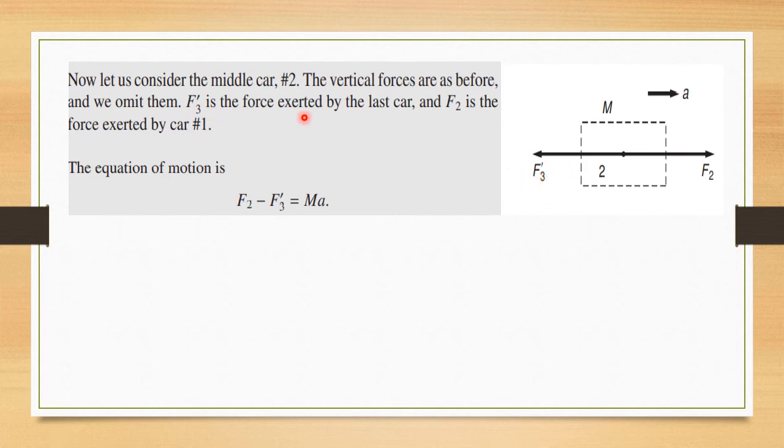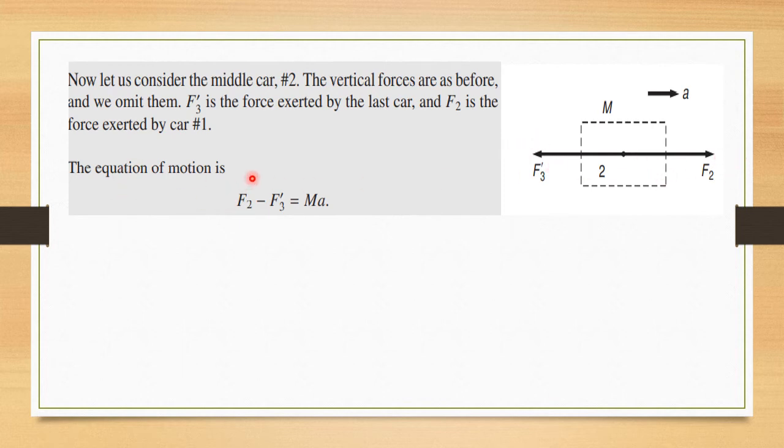F3 dash is the force exerted by the third car on car 2, which is the reaction to F3, which we have dealt with earlier. And F2 is the force exerted by car 1 in the front direction. So this is the middle car, with F3 dash in this direction and F2 in this direction.